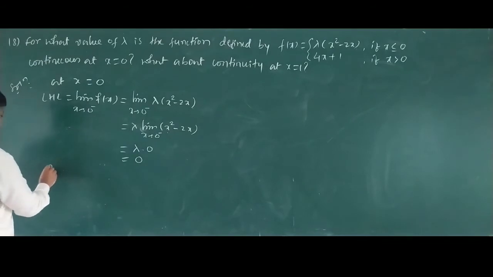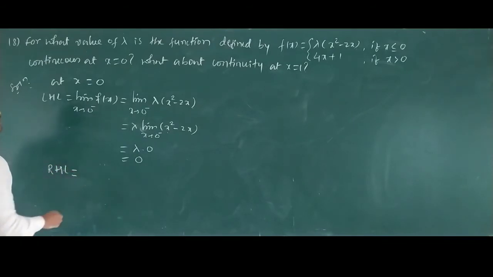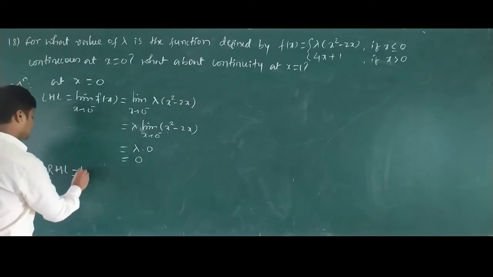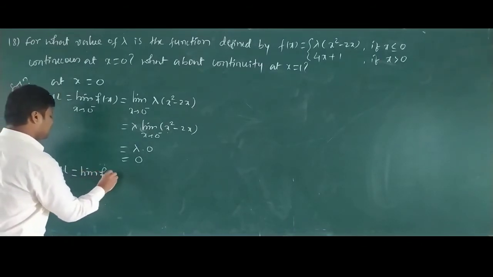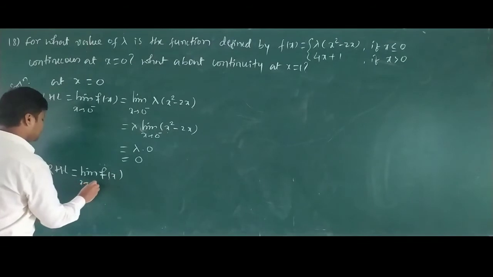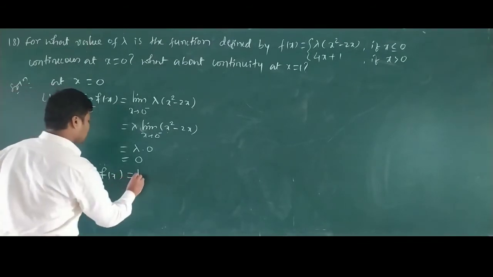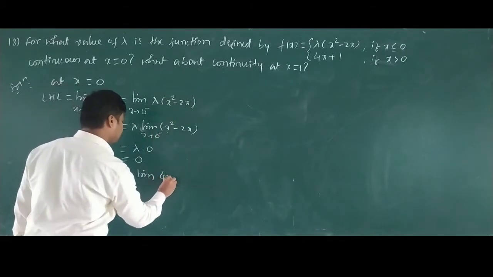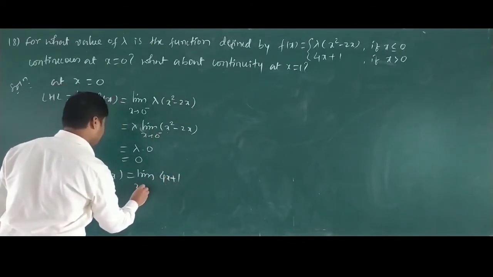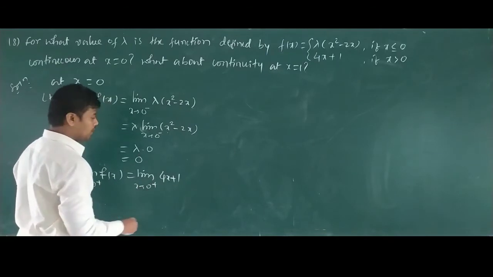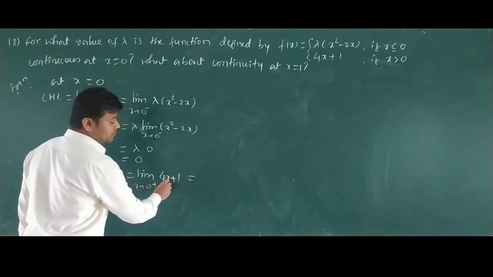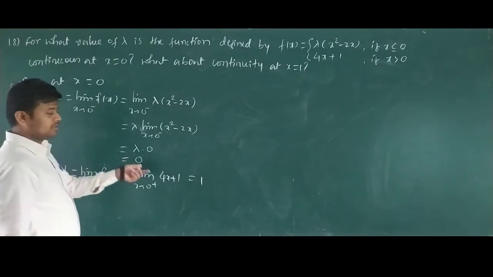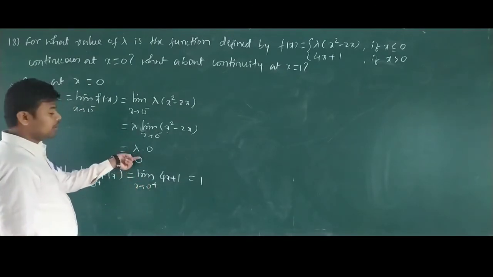So what about RHL? RHL is limit of f of x as x tends to 0 plus, that equals limit of 4x plus 1 as x tends to 0 plus. x is 0, 4 into 0 is 0, 0 plus 1 is 1. So here the LHL value and RHL value are not equal, so the lambda value does not come.